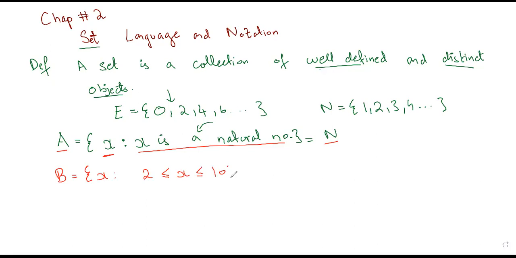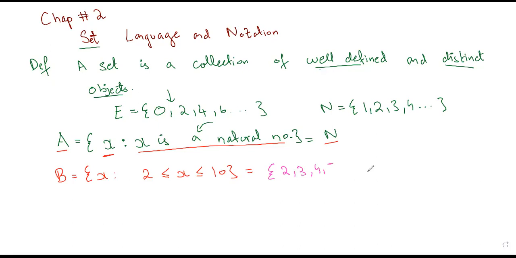From 2 to 10, and 2 and 10 are included. Yes, very good. Why? Because we have less than or equal to and greater than or equal to. So Amir, can you tell me exactly what elements we are going to have? 2, 3, 4, 5, 6, 7, 8, 9, 10. Excellent. Okay. So we know this as well.